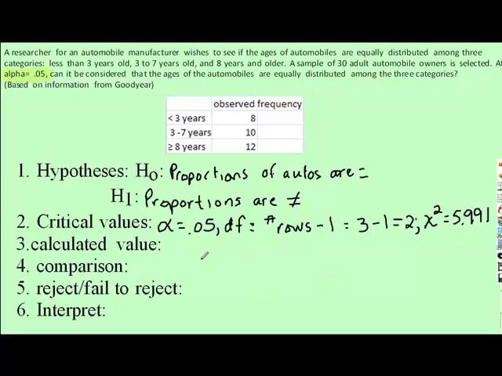Now I need the calculated value. In order to come up with the calculated value, I need what's called my expected value.